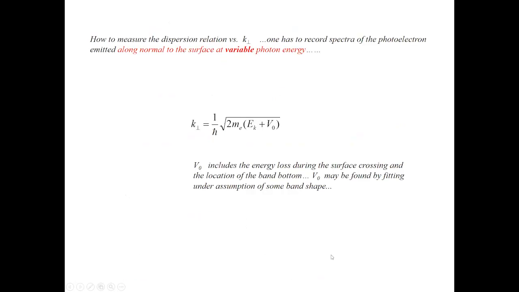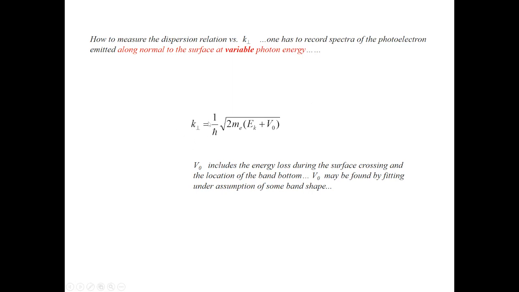Okay, this is also how to measure the dispersion relation versus k perpendicular. There are a few ways to do it. This is just one. You measure the photoelectrons emitted along the normal to the surface, and you change your photon energy, and then you can find the dependence of energy and momentum.